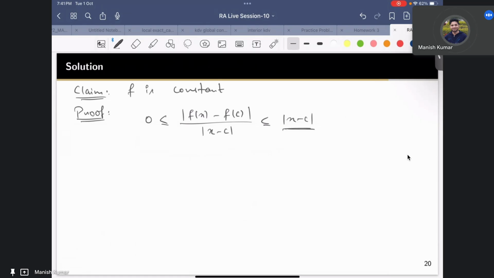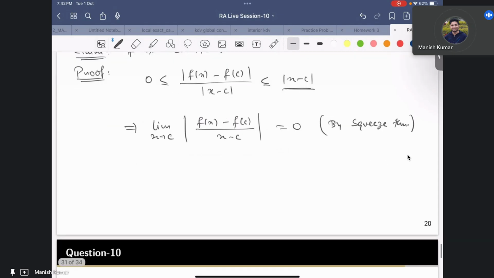So this would imply that limit x going to c of mod of f(x) minus f(c) upon x minus c is equal to 0. This is by the sandwich theorem or squeeze theorem. And this tells you that the mod of f prime at c is equal to 0, which is nothing but f prime at c is equal to 0.